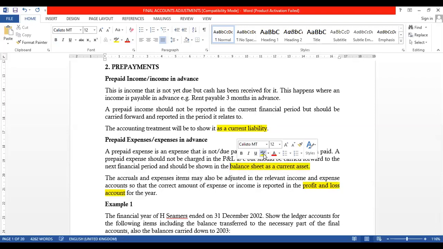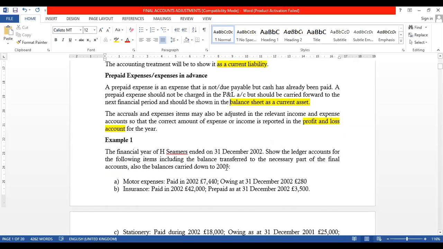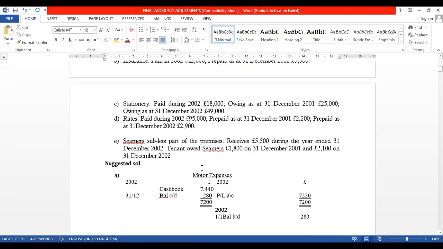It is the same as deciding to remain with that money in your bank account or in cash, right? If it is in cash, then it is an asset. So when you pay it and you have not utilized it, you just paid it in advance, it is still an asset. I hope that is clear. We'll come to see these things later.